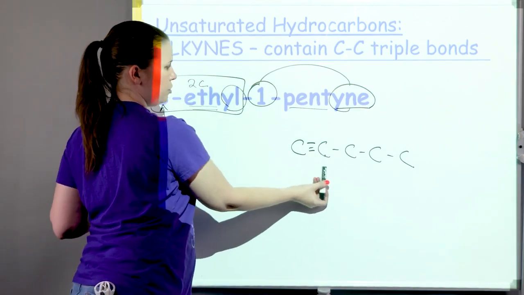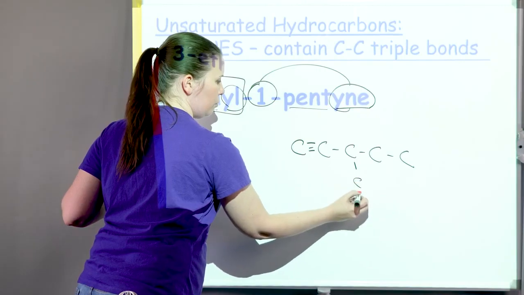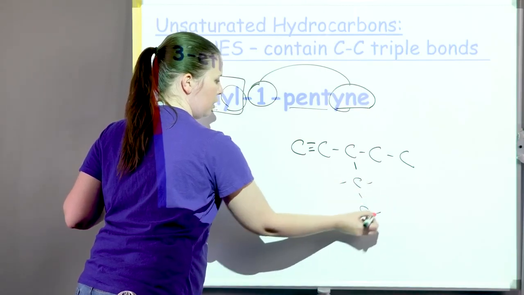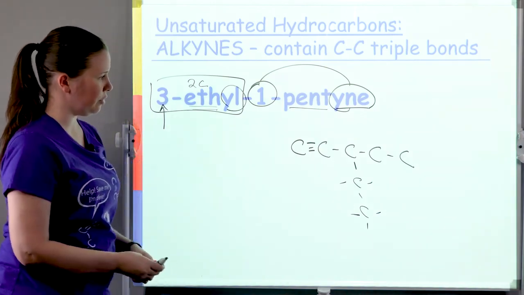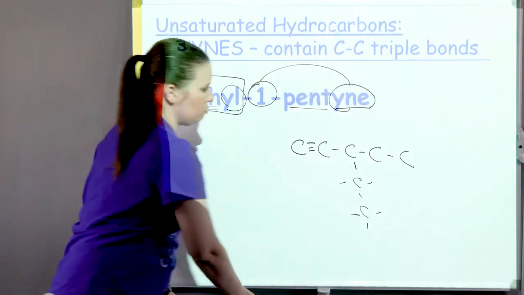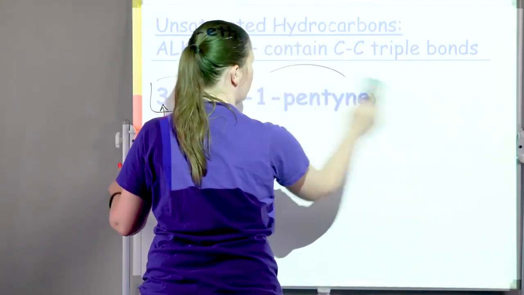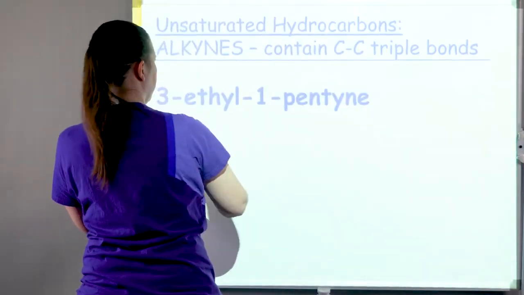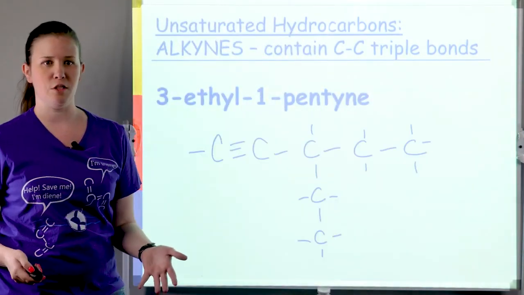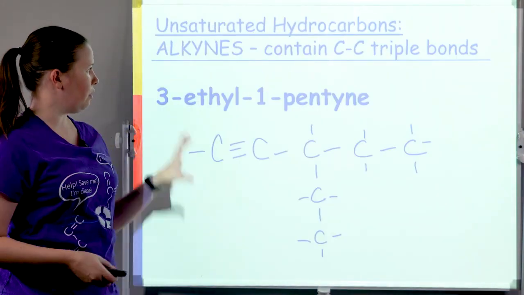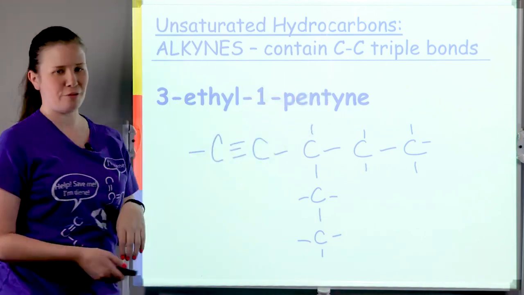So if this was 1 and 2, same numbering system, this will be 3, and off of it I'm going to put a chain, an ethyl chain. Not 2 separate methyl chains, but an actual ethyl chain. So it's this repetitive pattern of using the prefix to figure out how many carbons, and then breaking down the functional groups, using the numbers to figure out where to put the attachments. So that is our pentyne with the ethyl group.